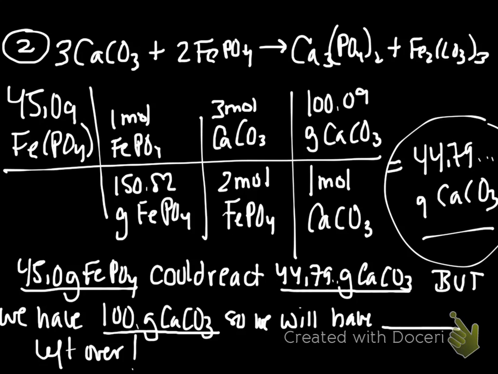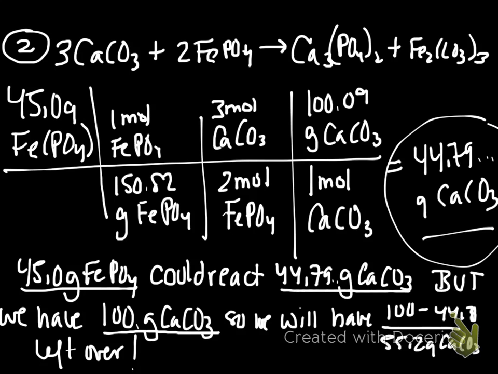So we will have some amount left over. And that amount, of course, will be our 100 minus our 44.8, etc. So we get, what, 55.2? Okay. So we'll have 55.2 grams of calcium carbonate left over. Does that help?